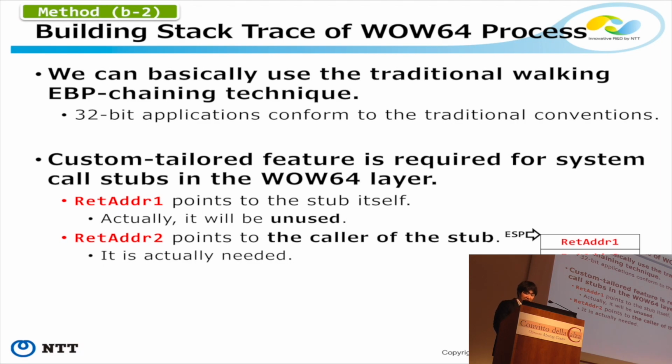This is the stack when a 32-bit application invokes a system call. The stack has two return addresses on its top. The first one points to the stub itself and it will be skipped. And the second one points to the caller of the stub. This is actually what we need. Our method gets it simply.